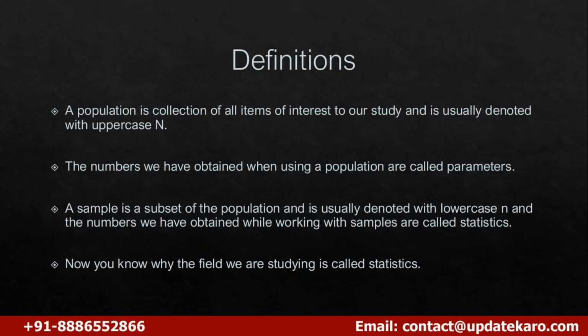A population is the collection of all items of interest to a study and is usually denoted by uppercase N. The numbers we obtain when using a population are called parameters. A sample is a subset of a population and is usually denoted by lowercase n, and the numbers we obtain while working with samples are called statistics, right?